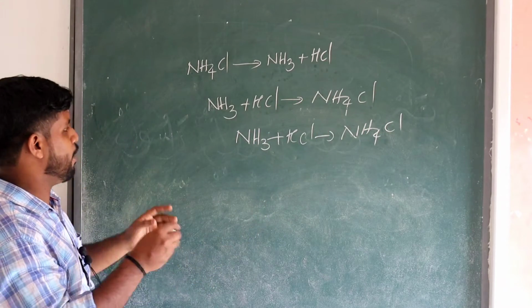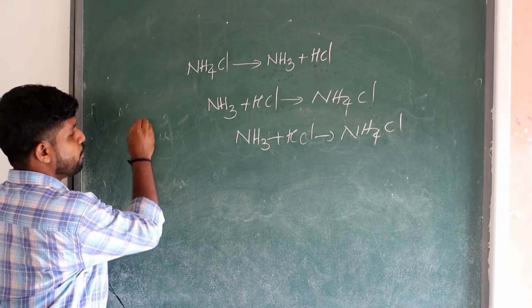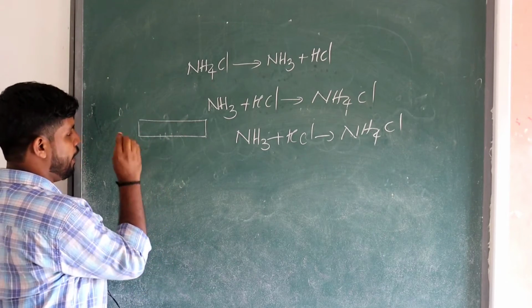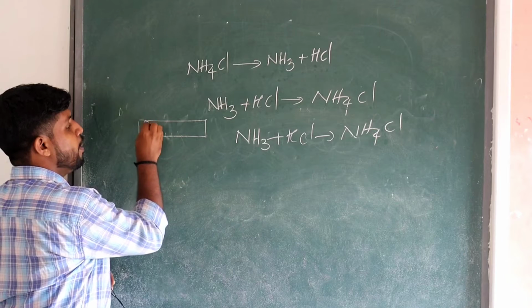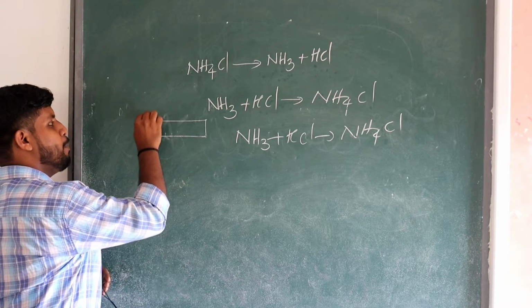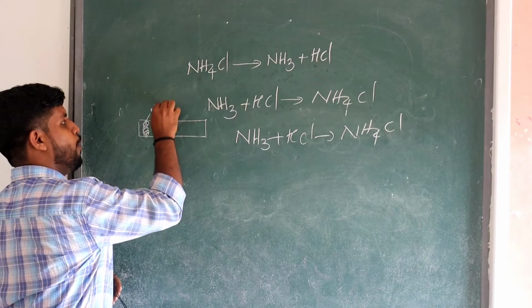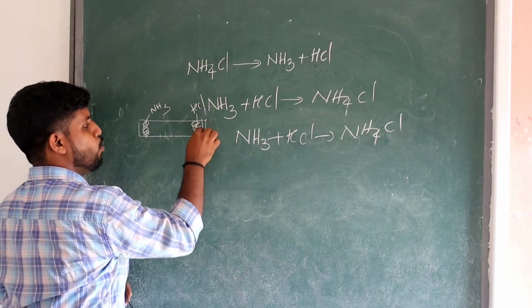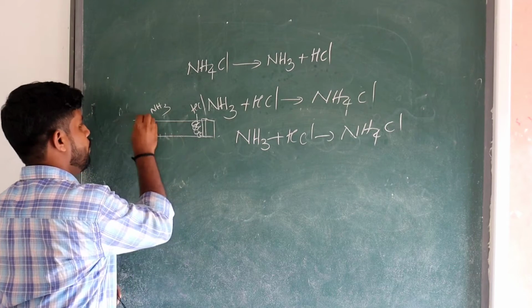To explain that, in your textbook there is a picture of a cylinder with two sides open. We introduce a cotton dipped in liquid ammonia on one side, and on the other side a cotton dipped in HCl, and the two sides are closed with a cork.